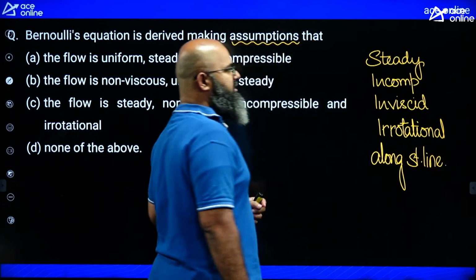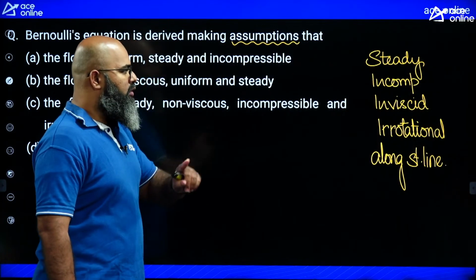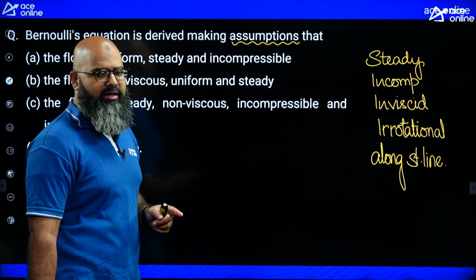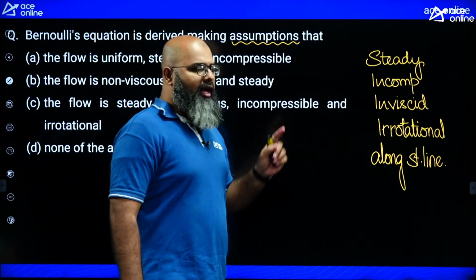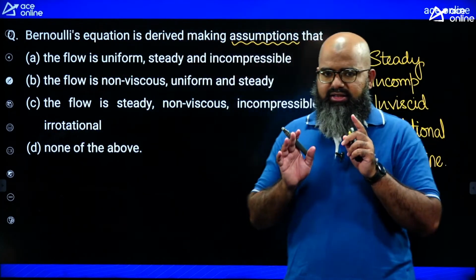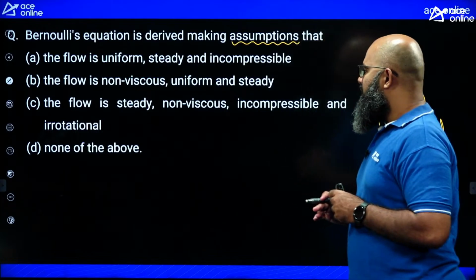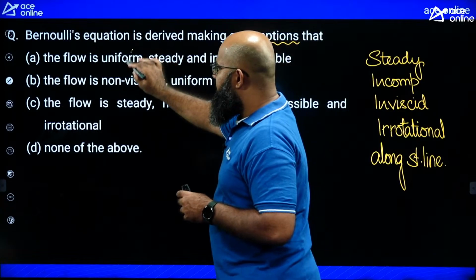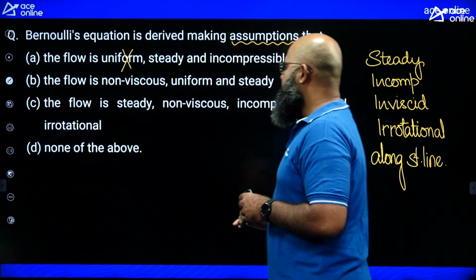These are the assumptions in Bernoulli equation. If you don't remember, please memorize from here itself. Steady, inviscid, incompressible, irrotational and along a streamline. These are the assumptions in Bernoulli equation. Now if you see over here, uniformity is never an assumption in Bernoulli equation.